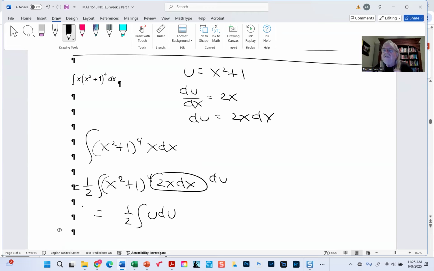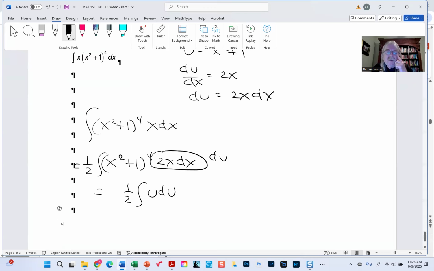So when you have your du, almost, not quite, but you're missing a constant, you can supply it yourself by the appropriate multiplication and division that will turn whatever you have into some function of u times du. So in other words, the process is very, very flexible. So you don't give up, you don't try a different u. You see if you can supply a missing constant.